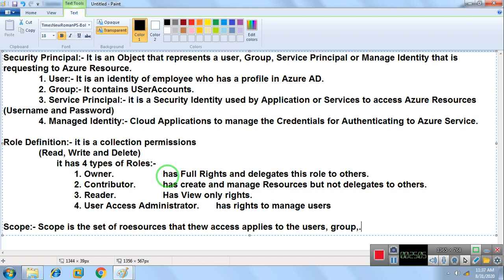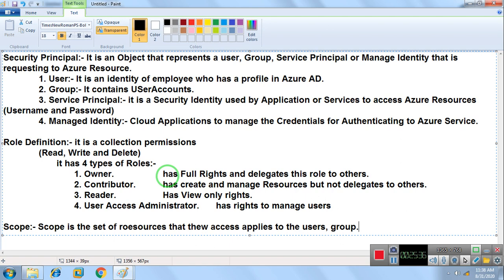It's a set of resources. Imagine I have multiple resources: a VNet, a virtual machine, and storage, but I need to provide rights to a particular user. I have a user U1 and I want to provide rights to multiple resources for user one. So we can create one scope first, add all the resources, and then provide the rights to the particular user.